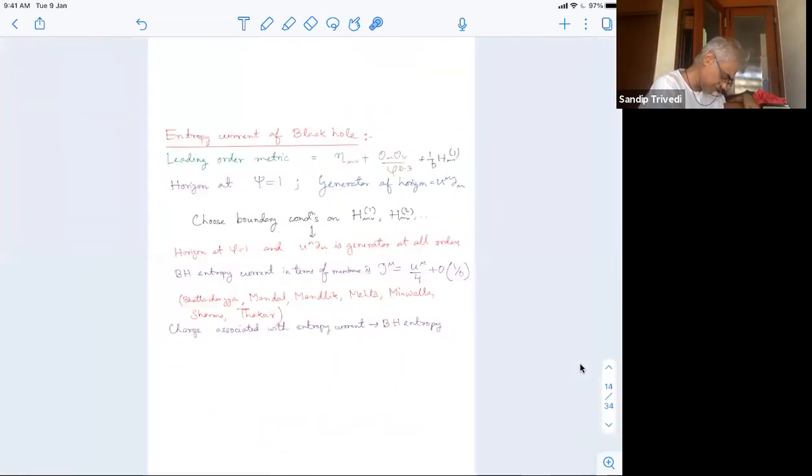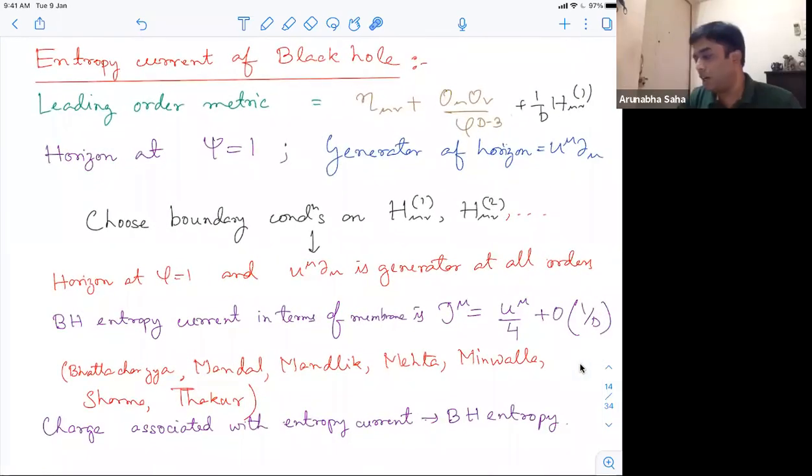Sorry to keep interrupting. So now, as Sandeep already said, I have to tell you why this has anything to do with dissipation. The metric structure is the ansatz metric plus correction. As Abhijit wanted to know, what sort of functions are these?